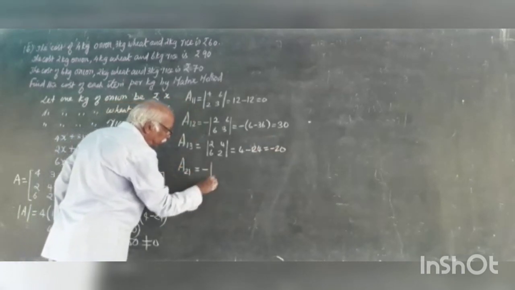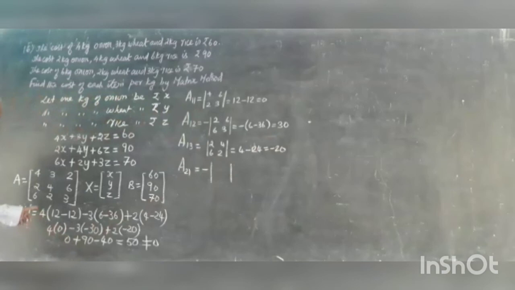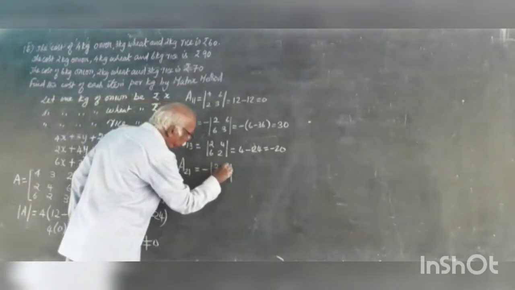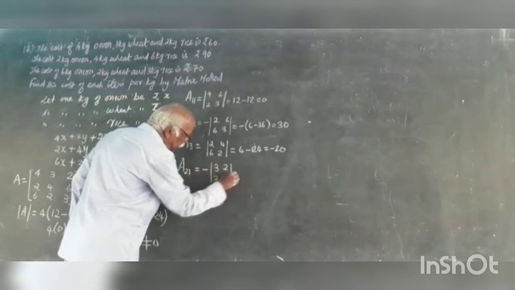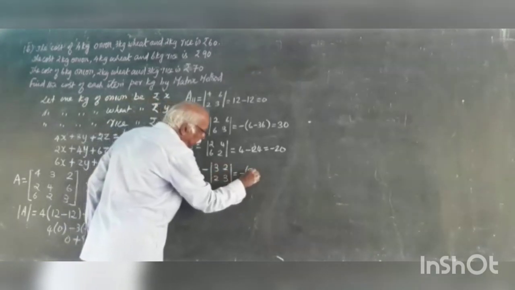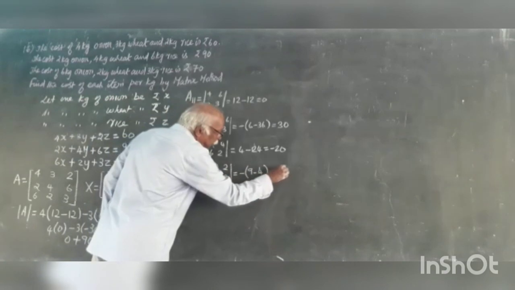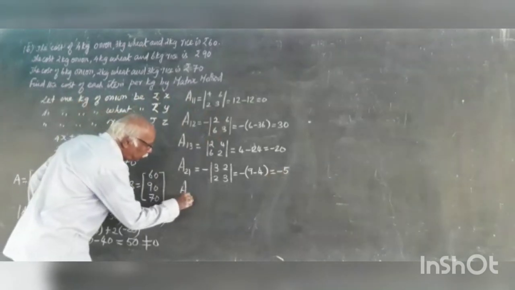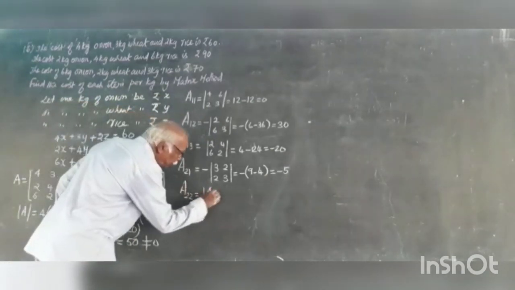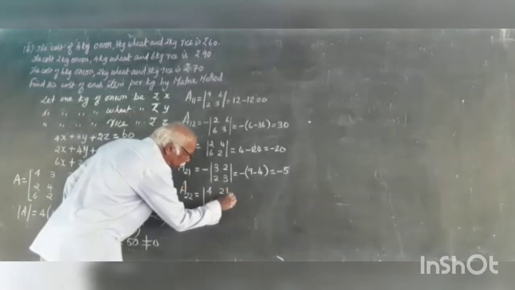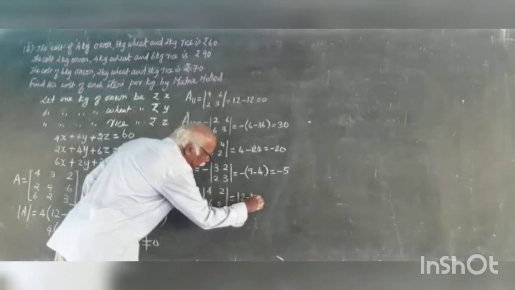A21 is negative: the minor 3, 2, 2, 3 gives minus of (9 minus 4), equal to minus 5. Then A22: the minor 4, 2, 6, 3 is 12 minus 12, 0.